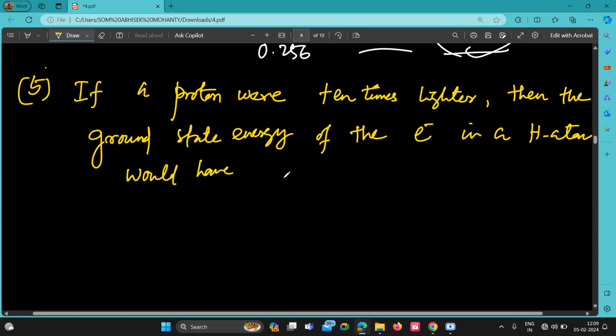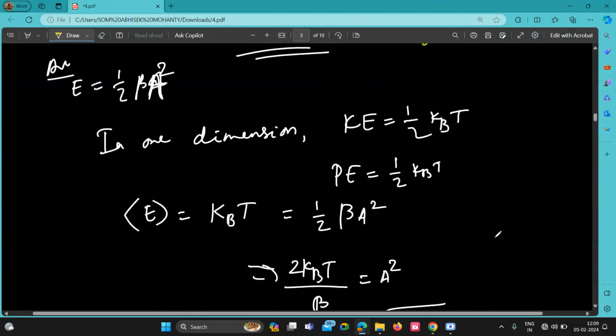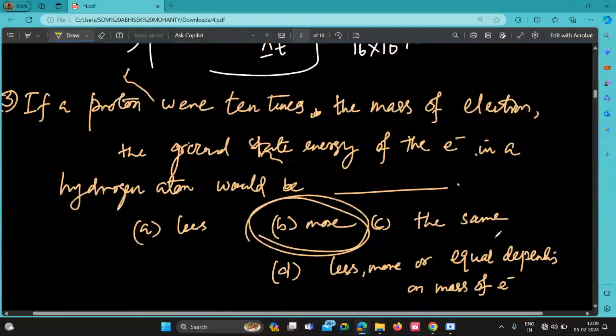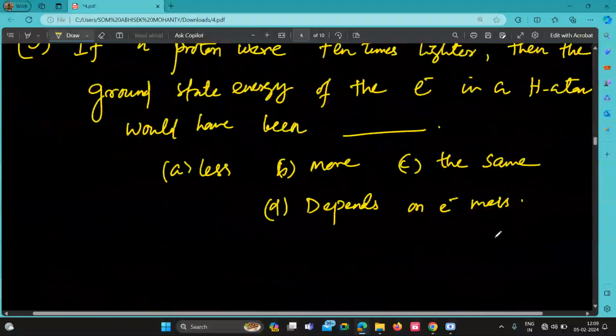This one is homework for you. We did exactly the opposite of this in question number 3, so you just do it for question number 5.